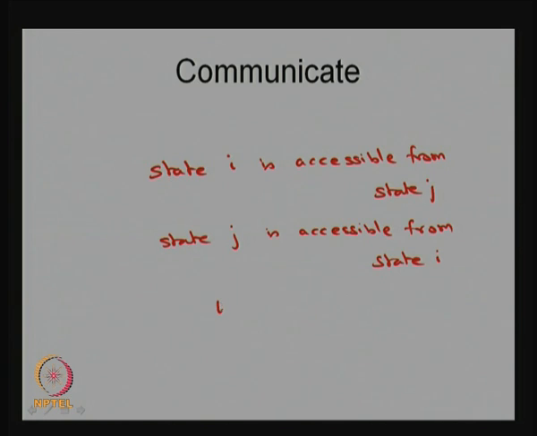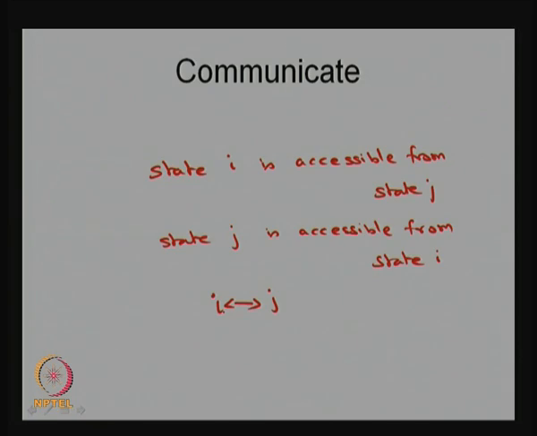In notation, we use the arrow in both directions between i and j. State i communicating with the state j means state i is accessible from state j as well as the state j is accessible from state i.